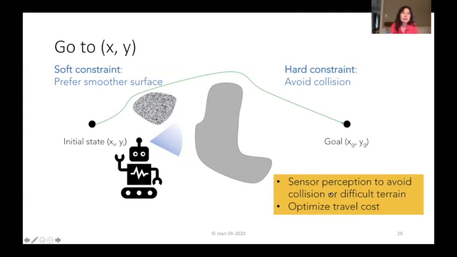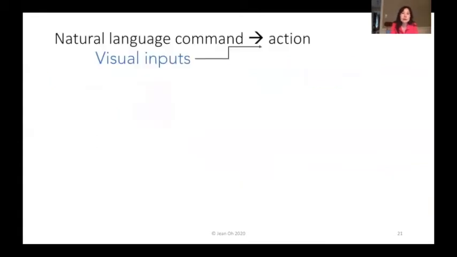And now moving to interactive navigation, these soft constraints or hard constraints can be specified using natural language, and then also the goal. Vision language navigation problems usually take it as an end-to-end problem where the inputs are the language command and the visual inputs, and then the final output is action.